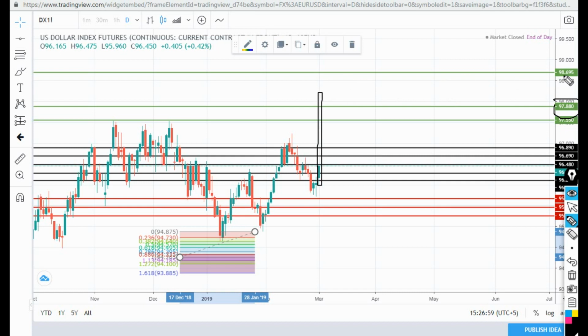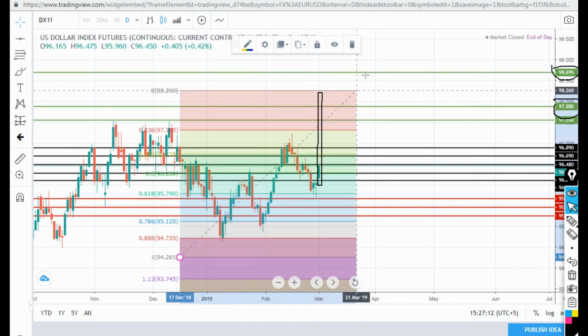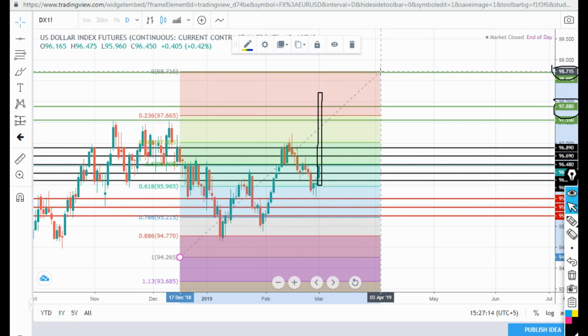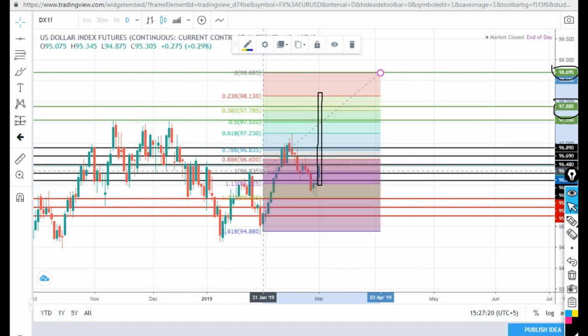But if we see that 98.695 according to 1.618, let's count it from there. So the wave must go back like this if it's your 0 point, right?